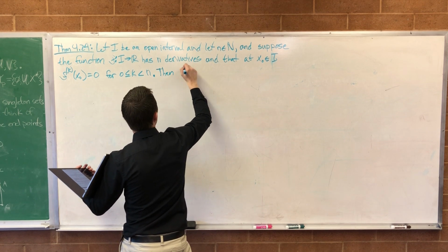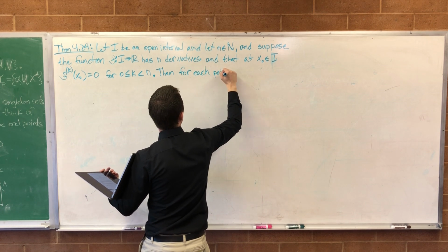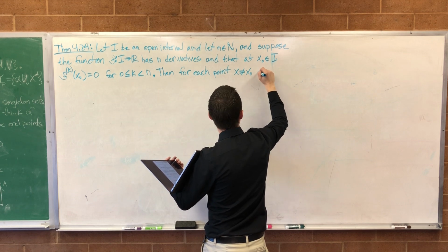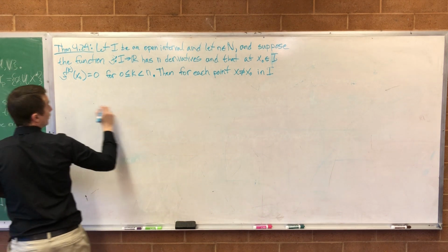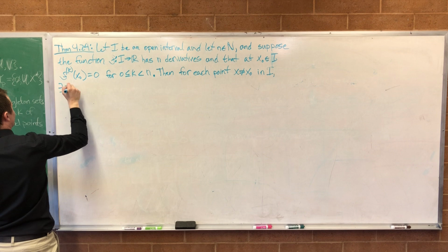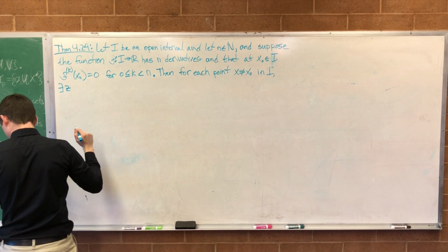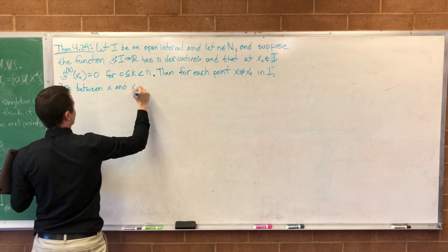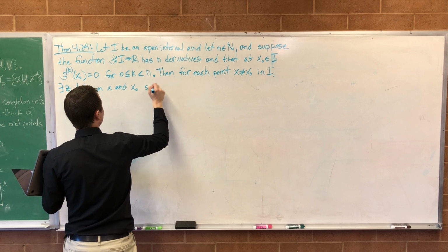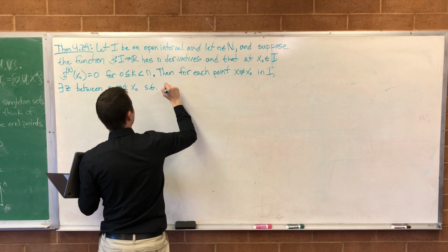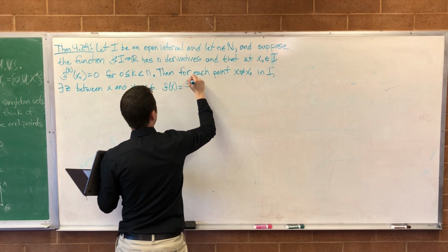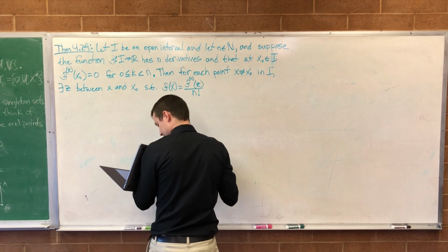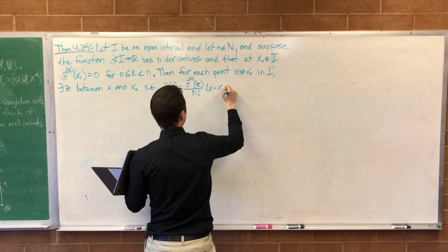Then, for each point x not equal to x naught in I, there exists some other point z between x and x naught such that f of x is equal to the nth derivative at z over n factorial times x minus x naught to the n.